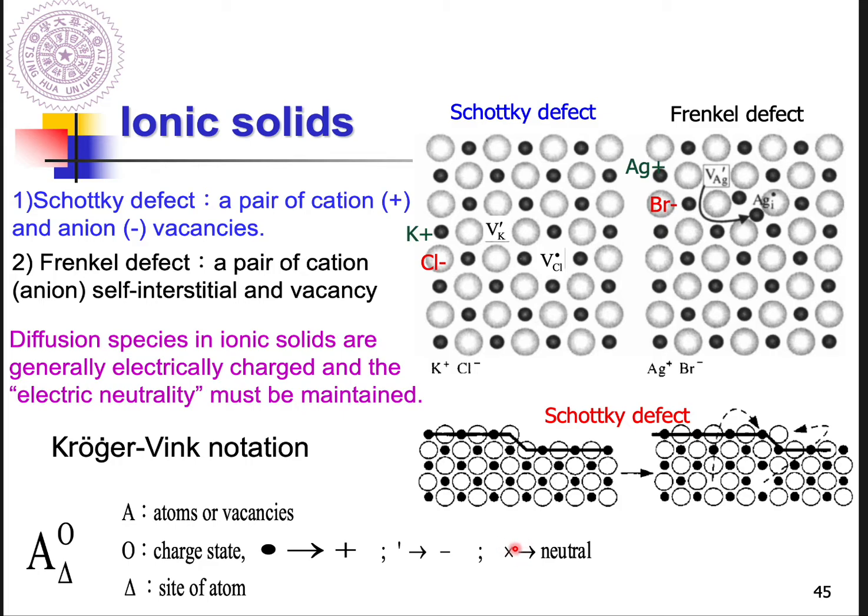And if you use a cross, it means these atoms are neutral. Okay, so it's not carrying either positive or negative charge compared to what it was, so it's neutral.